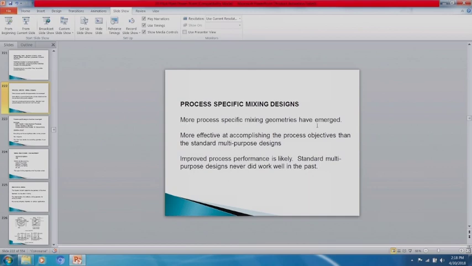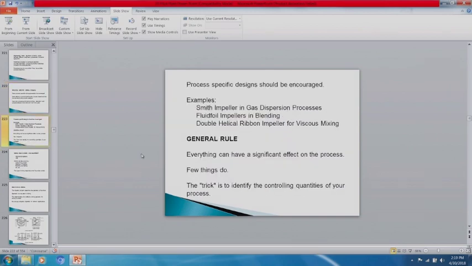More process-specific mixing designs have emerged, more effective at accomplishing the objectives than the standard multi-phase purpose designs. Improved process performance is likely. Standard multi-phase purpose designs never worked well in the past, by the way.